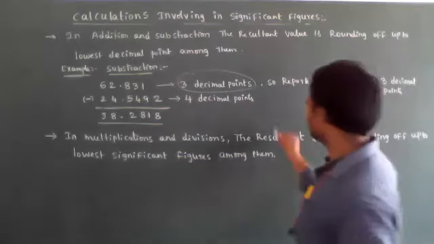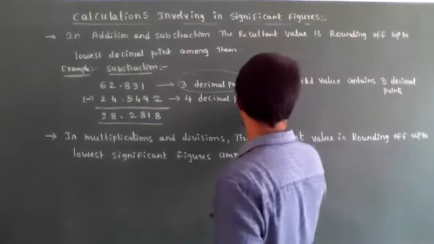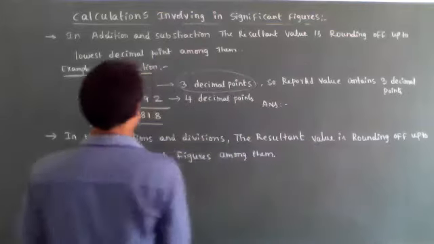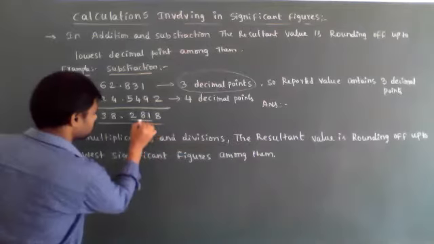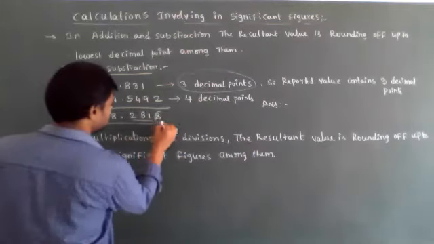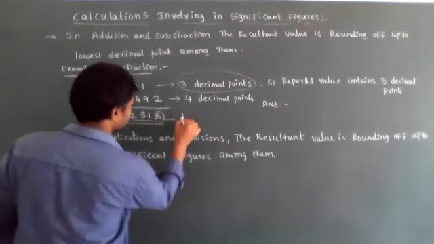So what is the final answer? Up to 3 decimal points means 281. This is the dropping digit.